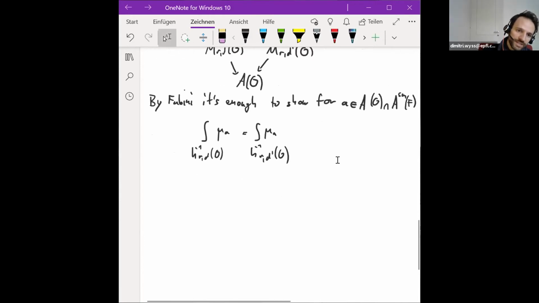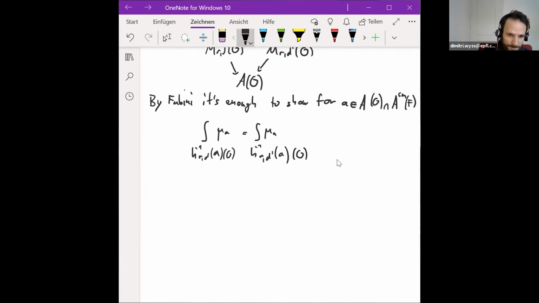So we need to compare these, and now we can use the geometry.